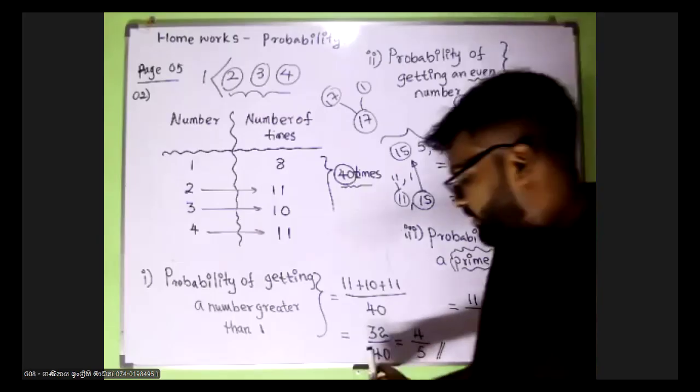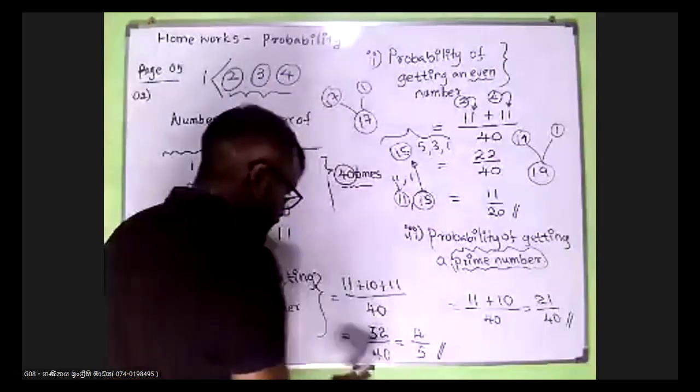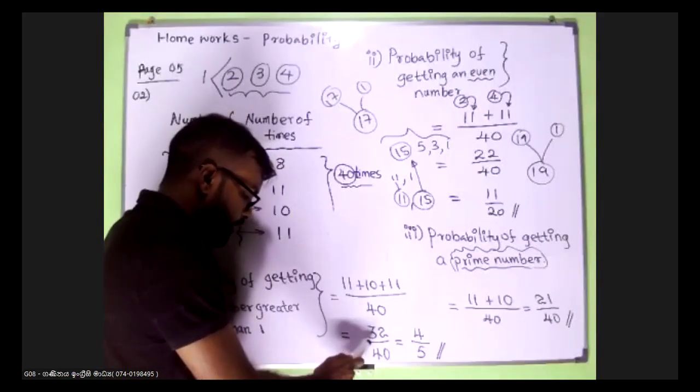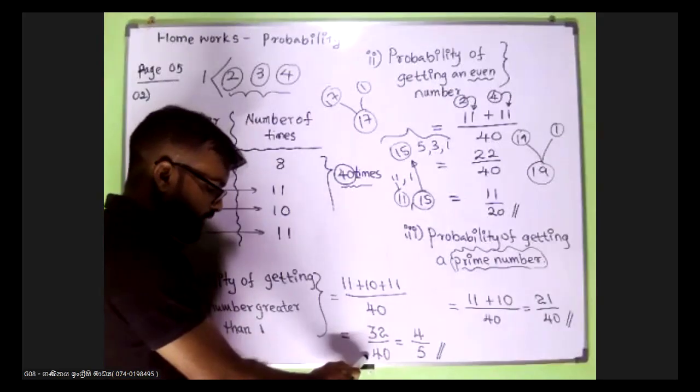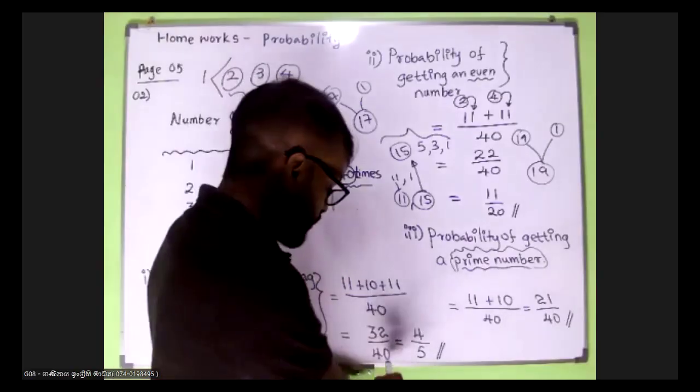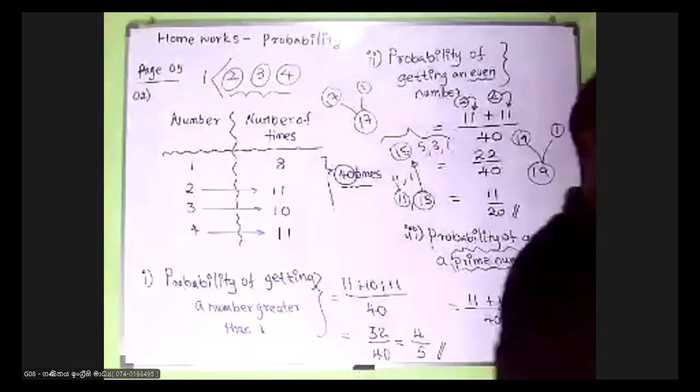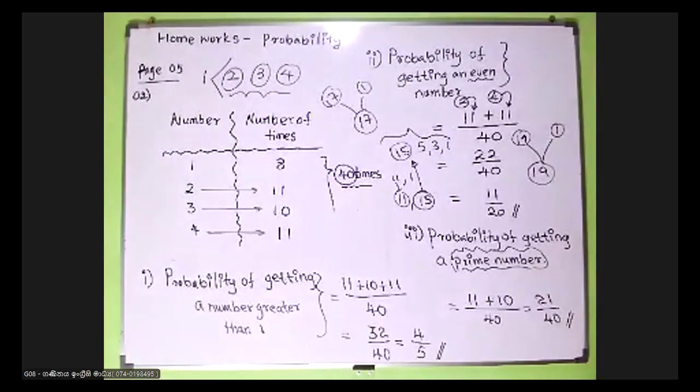So guys, your answer should be 4/5 because 32 and 40 can be divided by 8. 8 times 4, 32. 8 times 5, 40. Alright. So this should be your final answer for the fourth question.